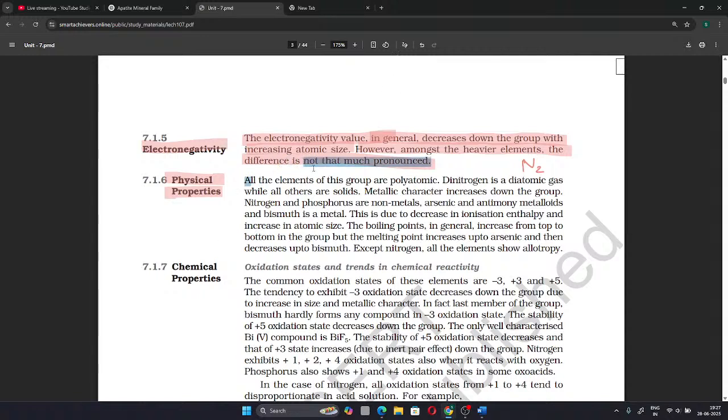All elements of this group are polyatomic; dinitrogen is a gas, while all others are solid.